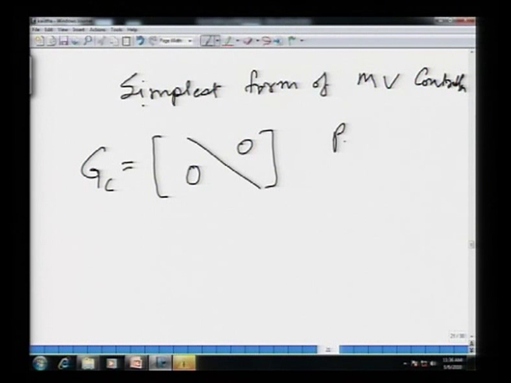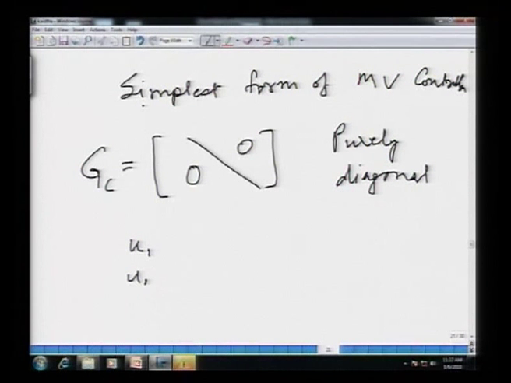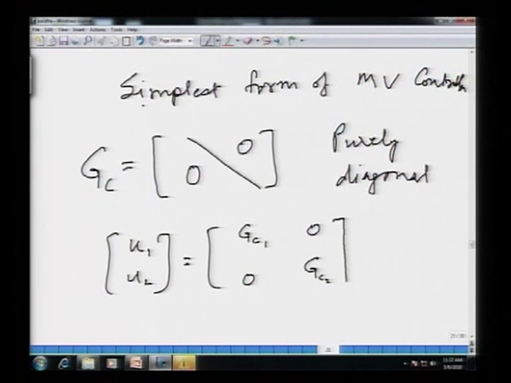When I have a purely diagonal controller, what that means is U1, U2 is equal to a diagonal matrix with GC1, nothing here, GC2, times error in 1, error in 2. This is my control equation.